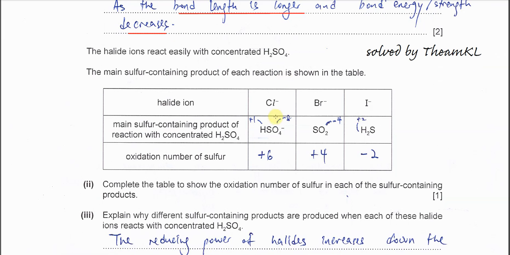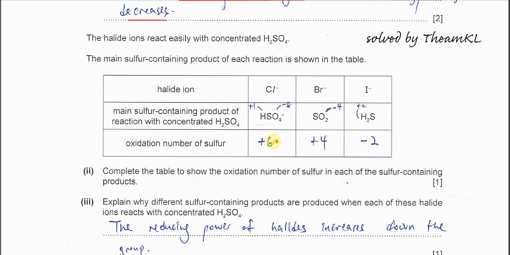Now next part. Just fill in the oxidation number of sulfur in the compounds. HSO4 negative: oxygen is -2 times 4, so it's -8. The overall charge of the ion is negative, so we know that sulfur must be +6.